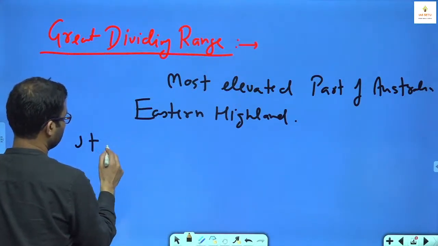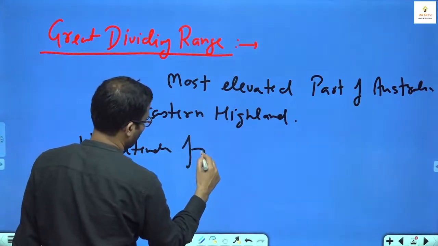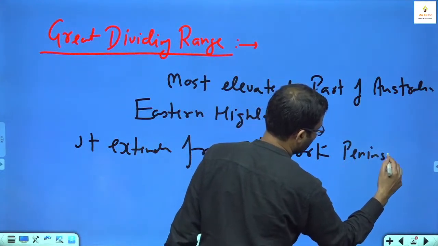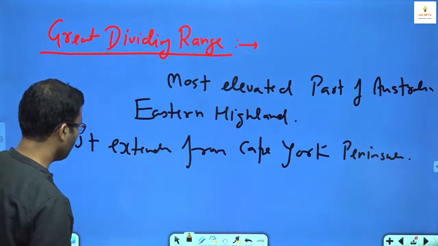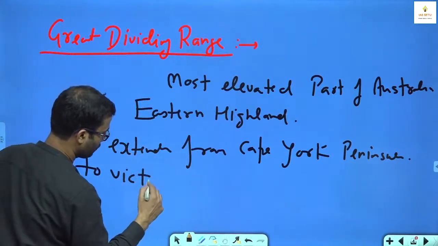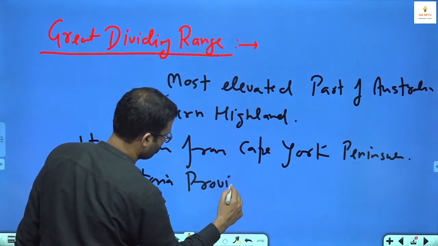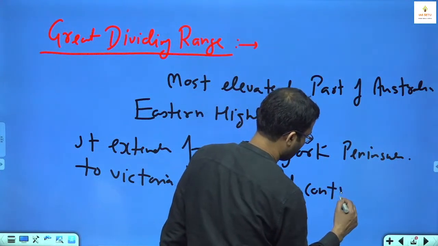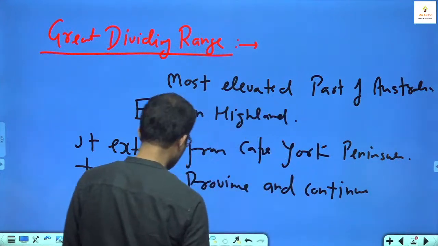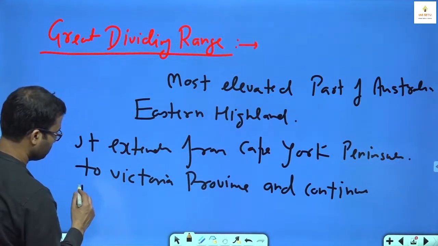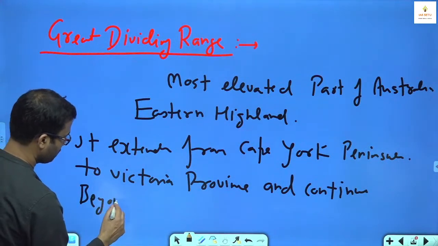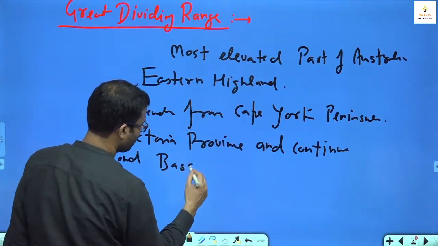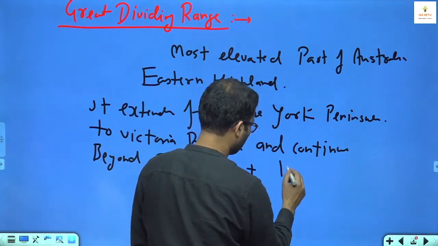It extends from Cape York Peninsula to Victoria Province and continues beyond the Bass Strait into Tasmania.